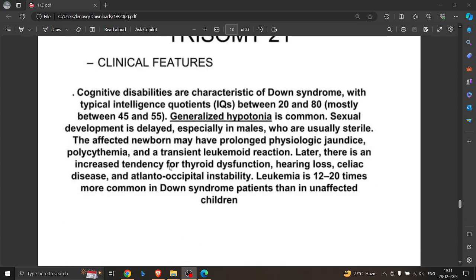And also, cognitive disabilities are seen in Down syndrome patients more than in unaffected children. That means an increased tendency of thyroid dysfunction, and the affected newborn may have prolonged physiological jaundice, polycythemia, and transient leukemoid reaction.